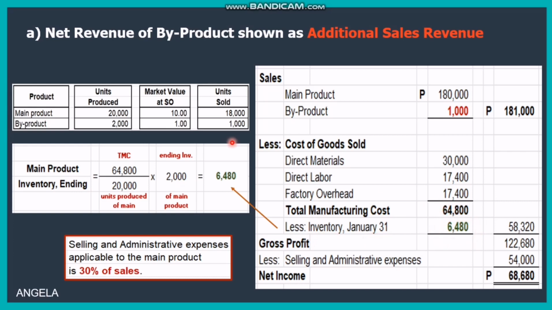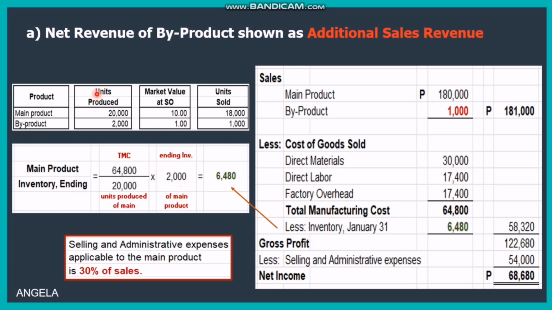Ganito yan. Yung total manufacturing cost natin na 64,800, i-divide natin sa units produced of the main product. Given po yan, 20,000. So, 64,800 divided by 20,000, ita-times natin sa ending inventory niya. Sa ending inventory ng main product. Paano ito nakuha?